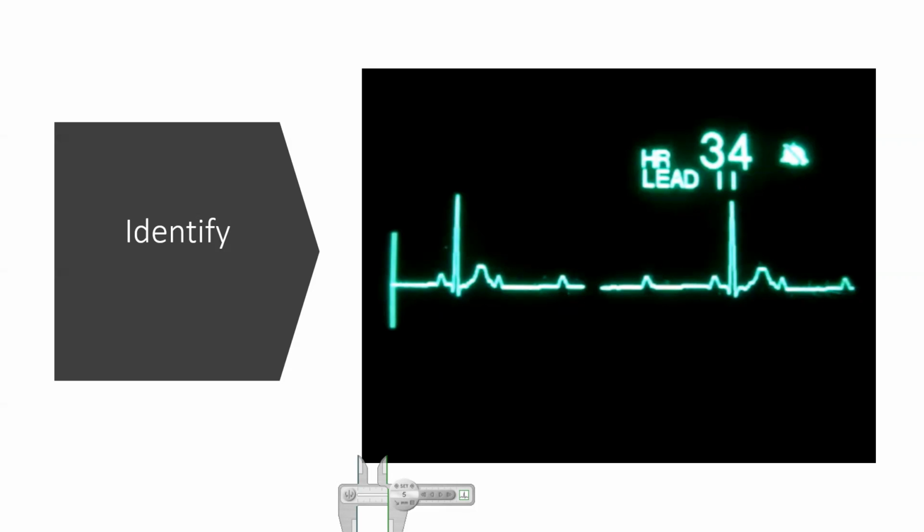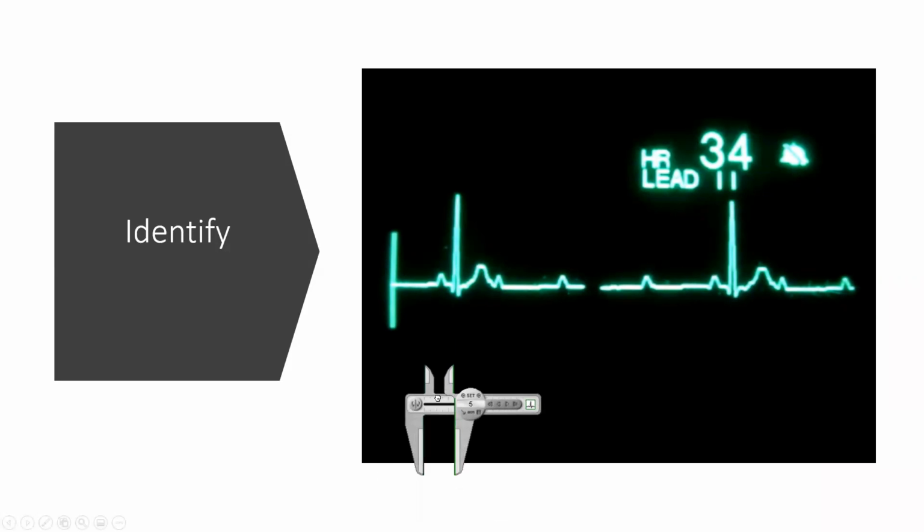Correct. So whenever you have a block, the next thing that you have to do is to make sure that you measure the PR intervals. So we're going to measure the PR intervals, and I'd like for you to look at the behavior of the PR intervals.